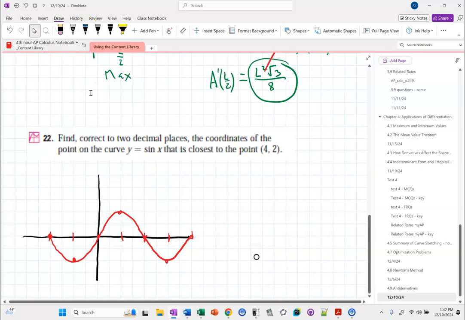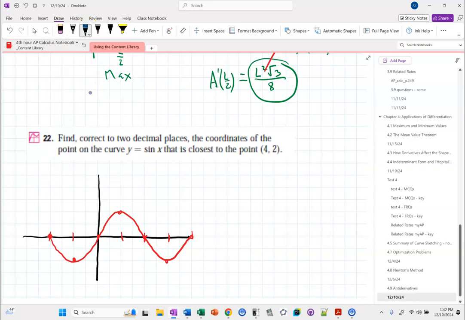So that's my sine function. And the point (2, 4) is going to be somewhere over here, a little bit after pi.